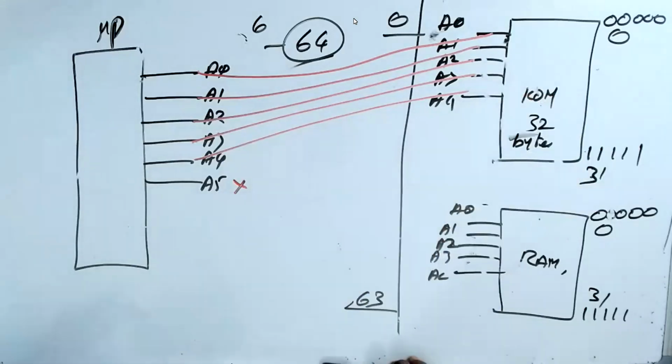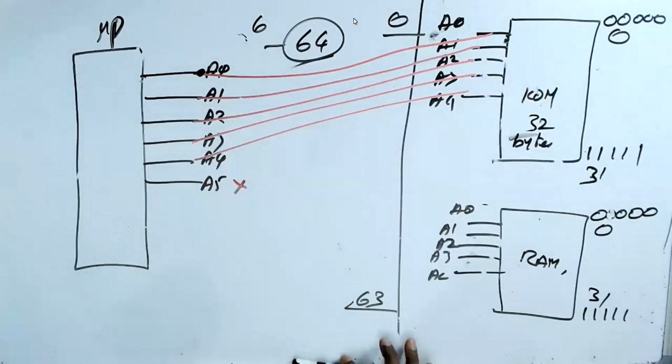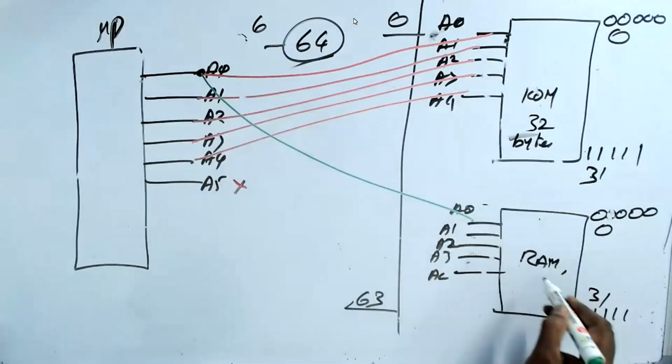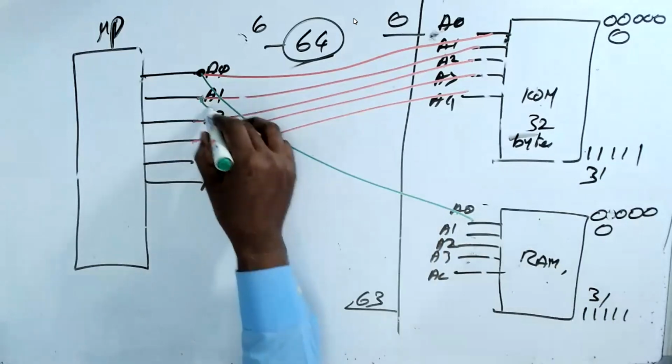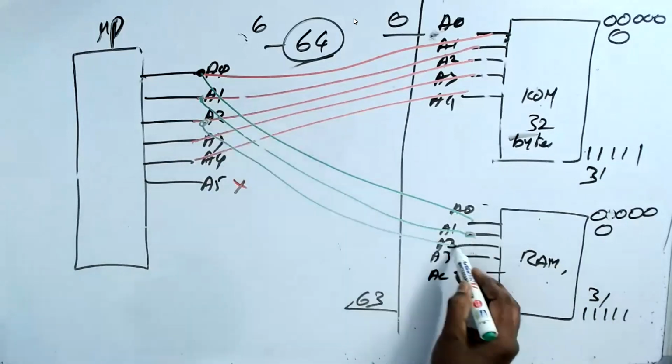Then what he did was another very surprising thing. He connected the same A0 to the RAM also, A1 to A1. See here, this may look like a small confusion for you.